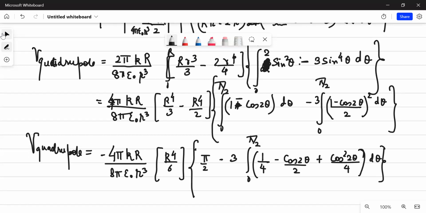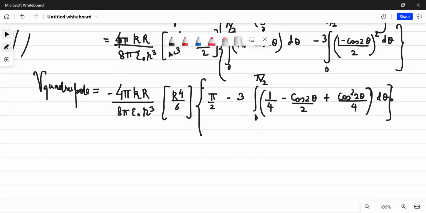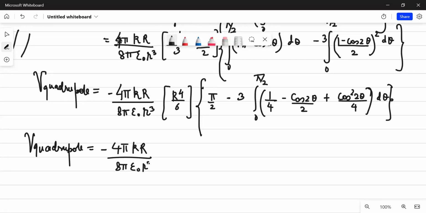Okay, so now if I integrate this entire thing, let's write it properly. If I integrate this remaining stuff, what I'll get is V quadrupole equivalent to minus 4 pi k and then r, then divided by 8 pi epsilon naught r cube.